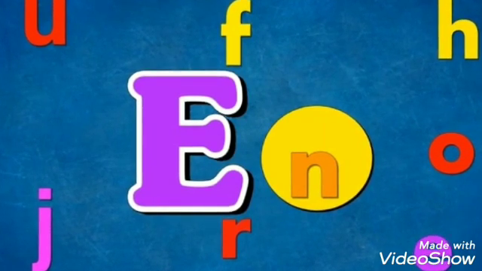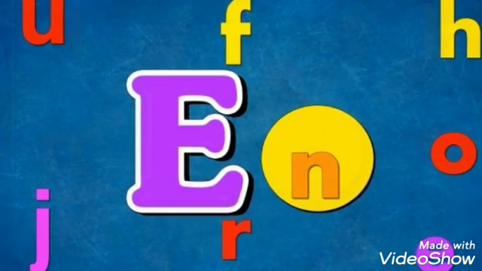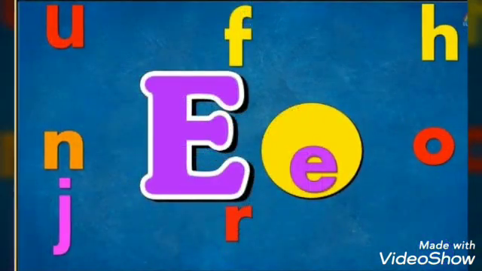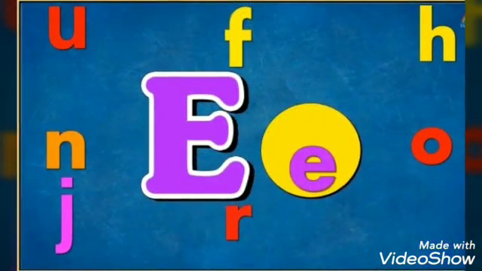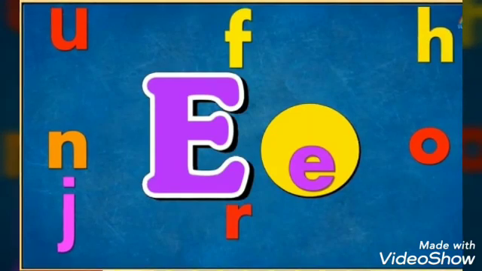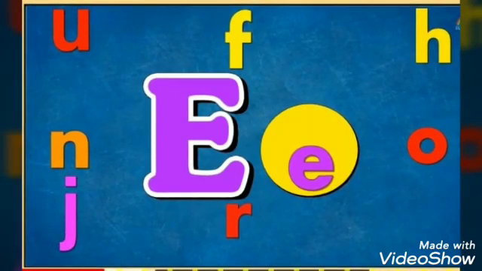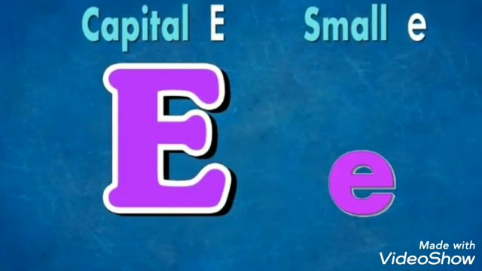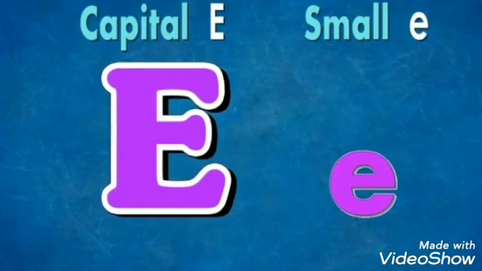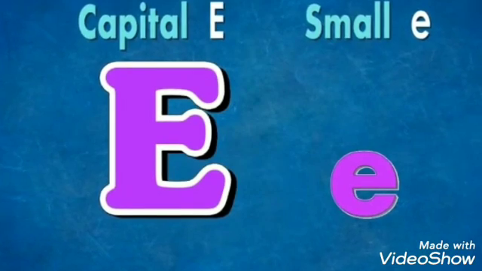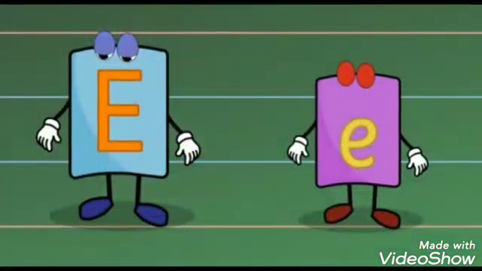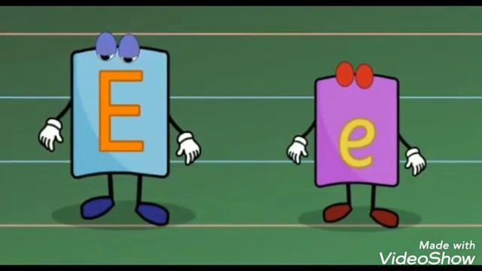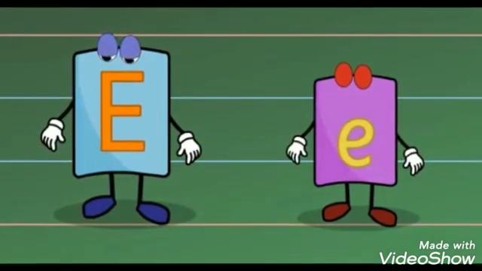Find children. Yes. This is lowercase e. Very good. So, this is capital E and this one is a small letter E. Baby E. Okay children? Capital E and small e.